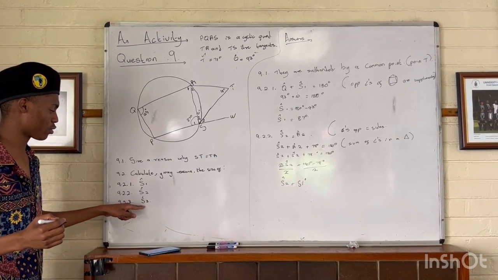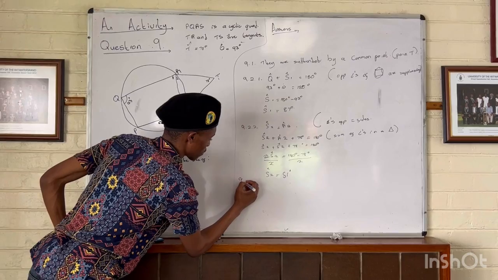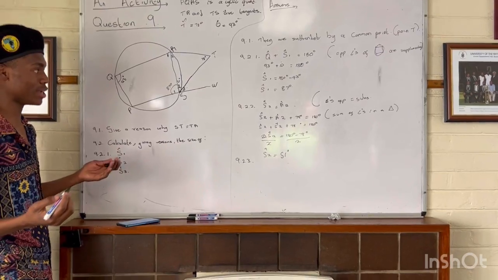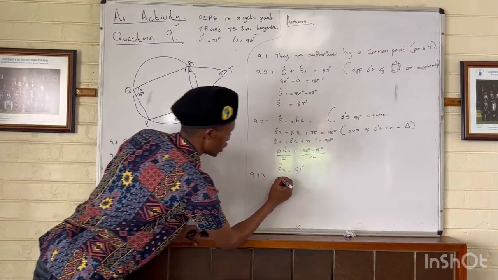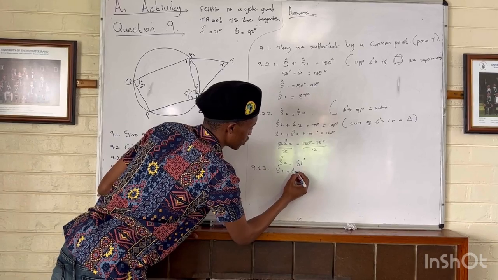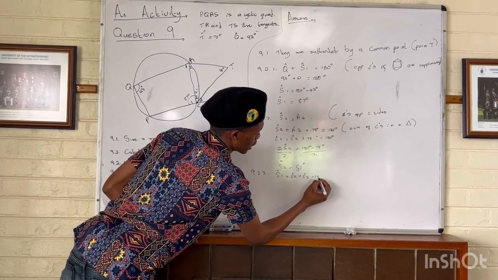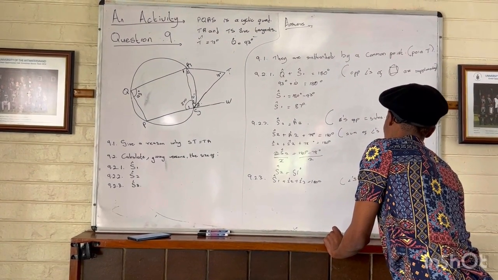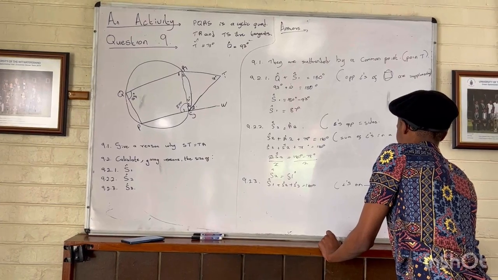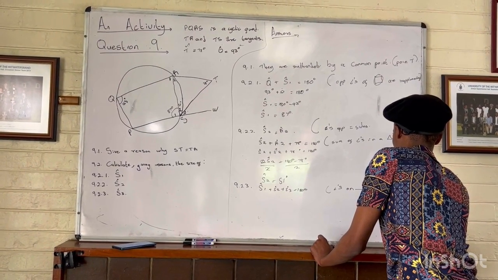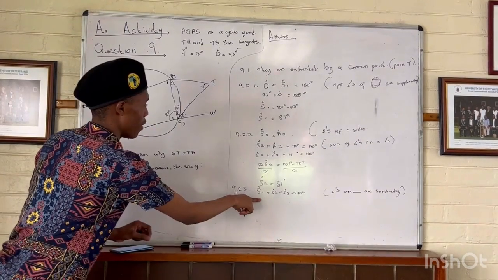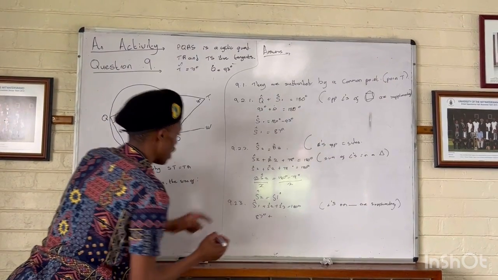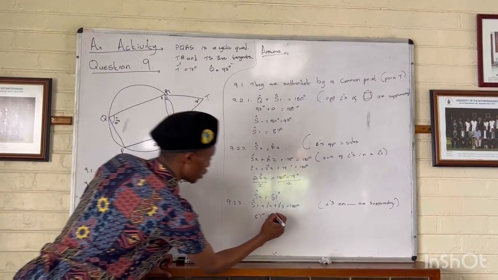Then lastly, we have to find the size of S3. We know that S1 plus S2 plus S3 are supplementary because they are on a straight line. And we can say that S1 plus angle S2 plus angle S3 is equal to 180 degrees. Reason: angles on a straight line are supplementary. Our angle S1, we have worked on it, here it is 87 degrees, plus our angle S2, we have worked on it, is 51.